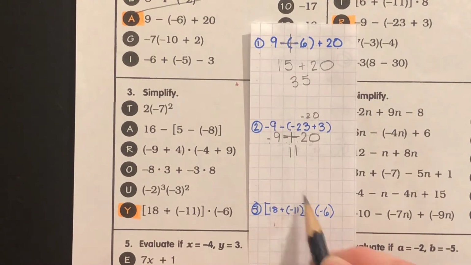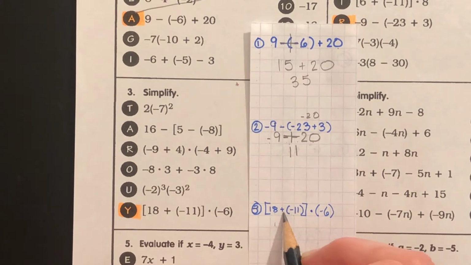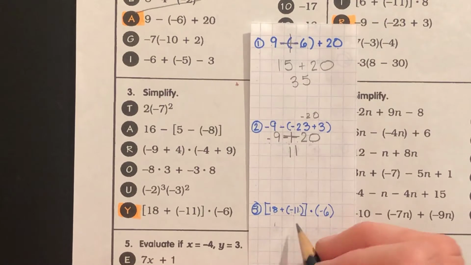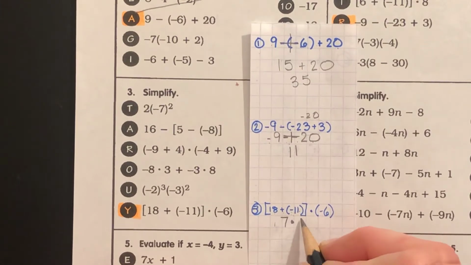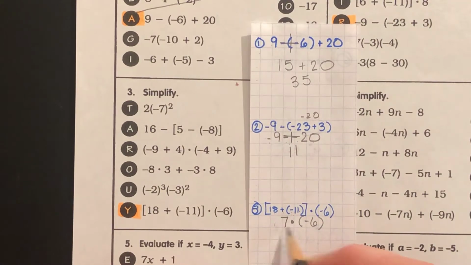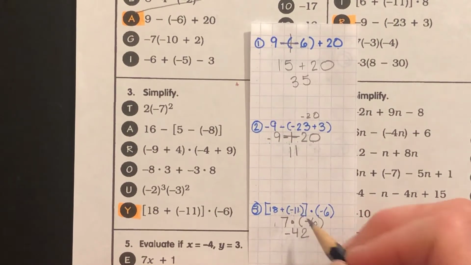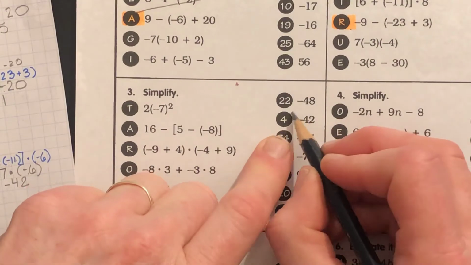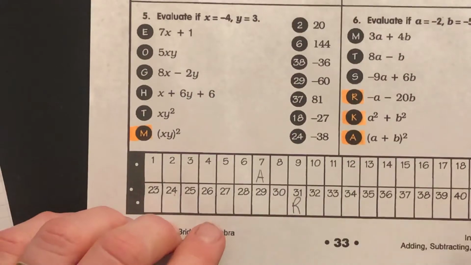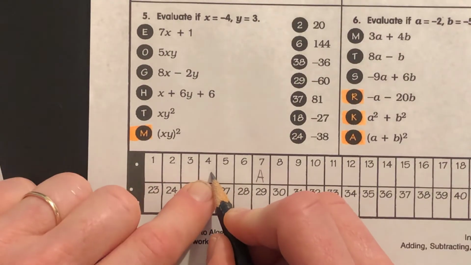And once we do this, we get rid of the parentheses and the bracket. 18 plus negative 11, it's like 18 minus 11, is 7 times negative 6. See, all those are gone. 7 times negative 6 is negative 42. We find negative 42, it's 4. I go down and find 4. That is Y.